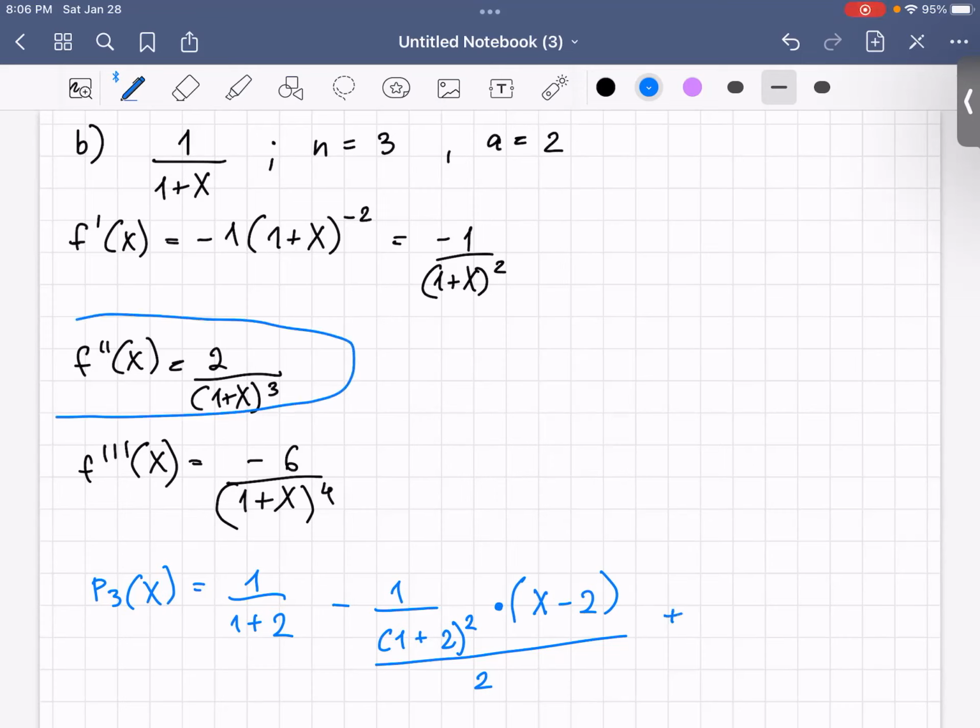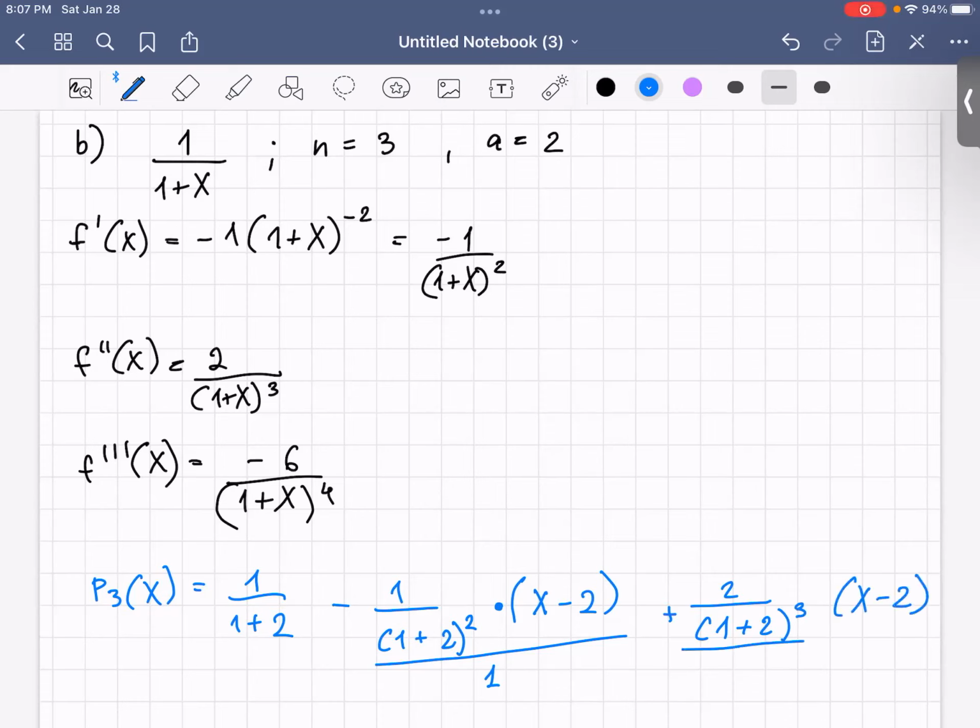So we're going to add it and we're going to sub in our a for x. It's 2. This is over 1. So the next one is 2 over 1 plus 2 cubed times x minus 2 over 2.